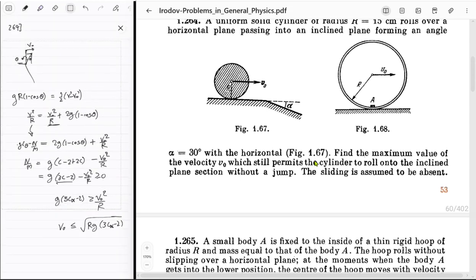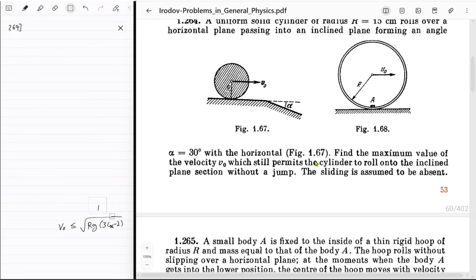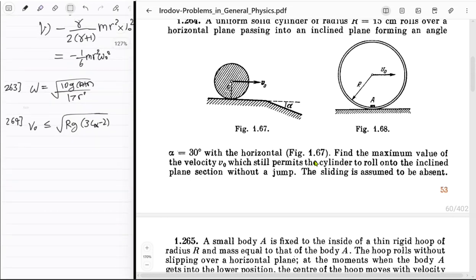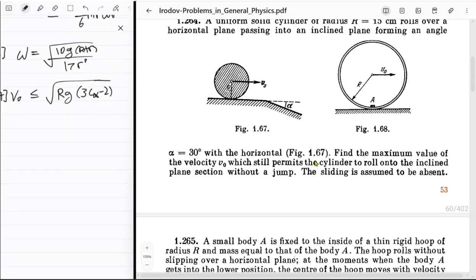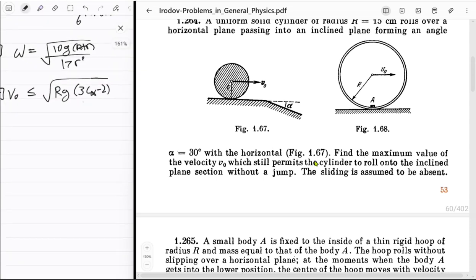And in this particular case, what is the thing? Alpha is what, 30 degree? Oh, what happened? Okay, this is right. So alpha is 30 degree, and that's going to be Rg times 3 upon 2 minus 2. That doesn't make any sense. Doesn't it? Oh, sorry, cosine 30 is square root 3 upon 2. So it's like 3 square root 3 minus 4 upon 2.